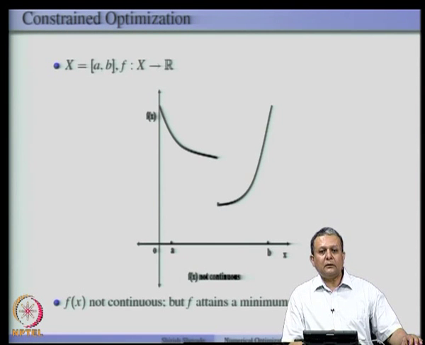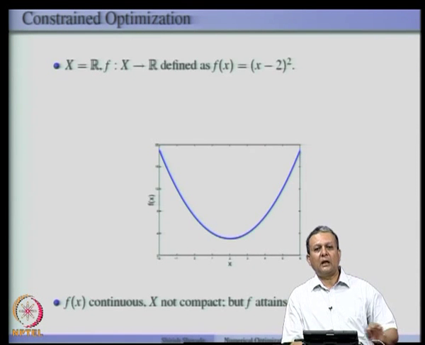So, this example illustrates that the conditions of Weierstrass theorem are not met, but the function does have a minimum. So, Weierstrass theorem does not talk about necessary conditions for existence of optima, it only talks about the sufficient conditions for optima.